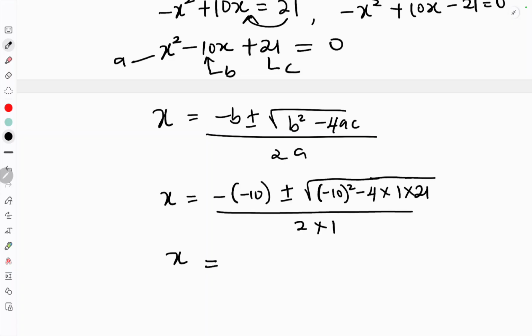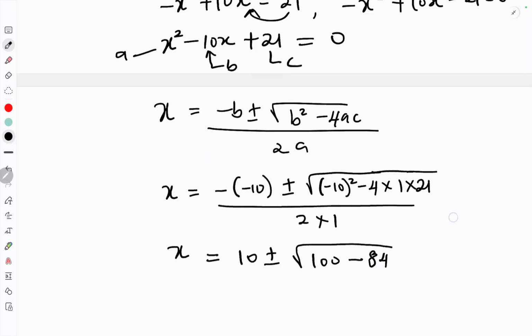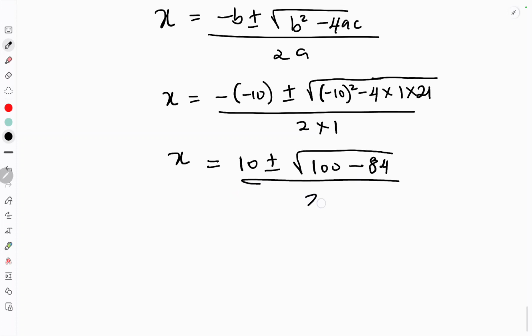And x is now equal to 10 plus or minus the square root of 100 minus 4 times 1 times 21, which is 84. So if you do the subtraction over 2, x is now equal to 10 plus or minus the square root of 100 minus 84, which is 16, over 2.